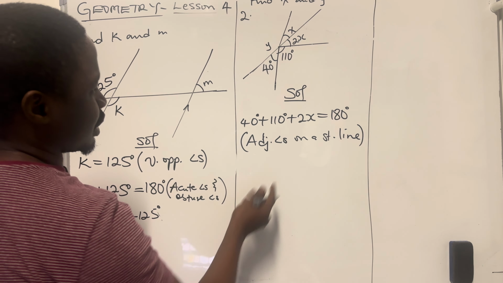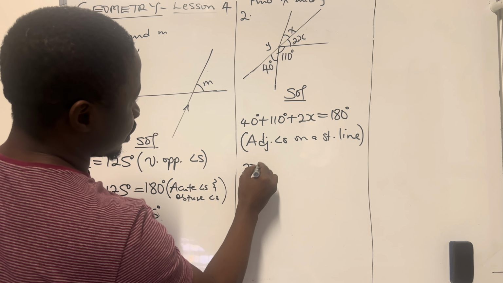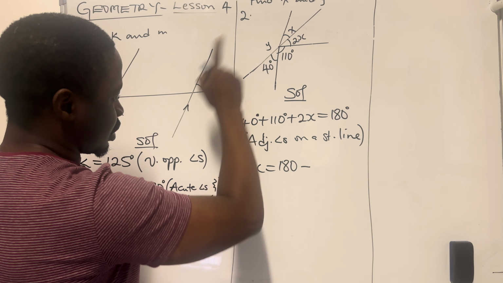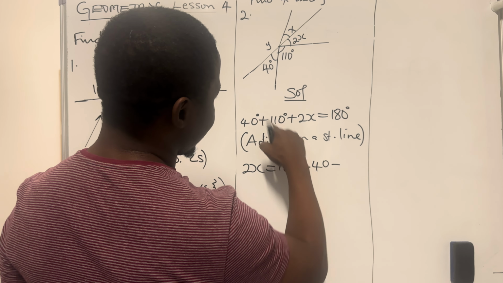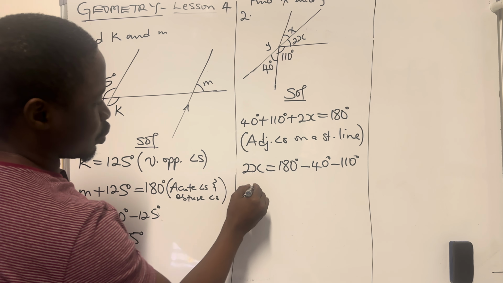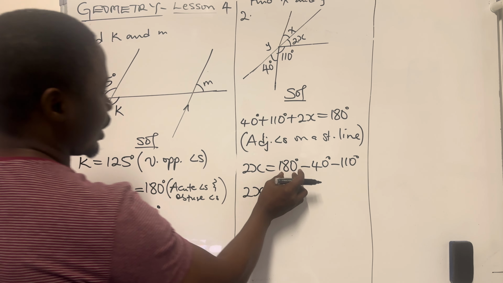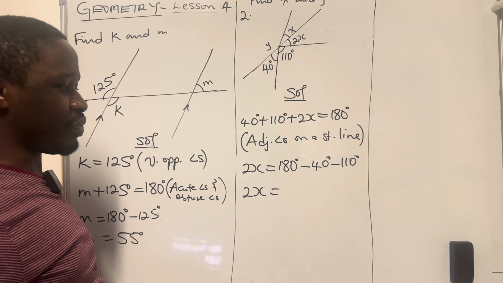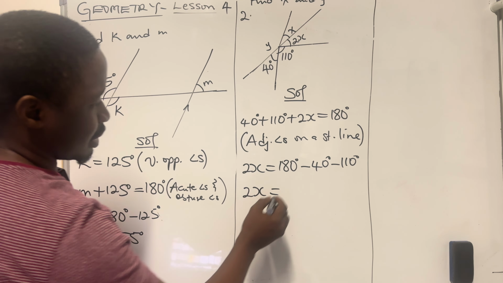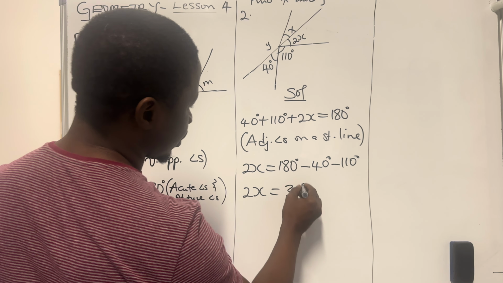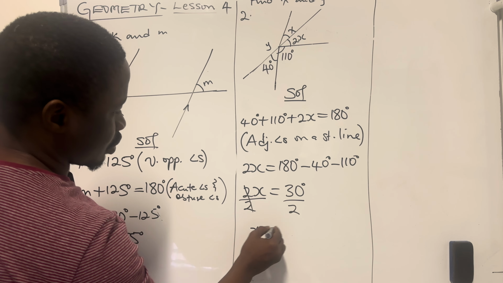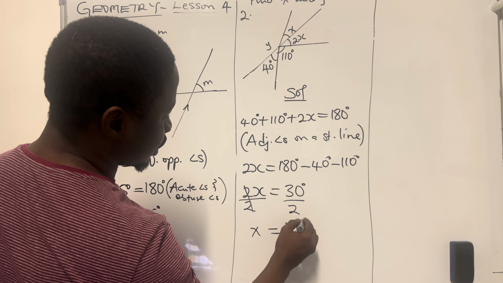Okay, so what do we say? This is 2x equal to 180 degrees minus 40 minus 110. So 2x equal to 180 minus 40 is 140. 140 minus 110 is 30. So we divide both sides by 2. So our x is 15 degrees.